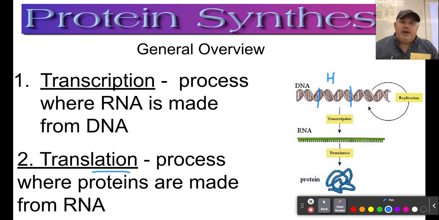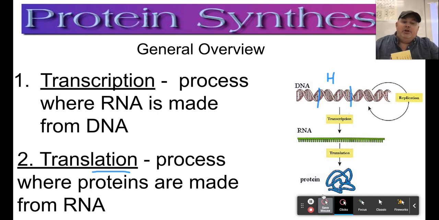He's got long nasal hairs, and you can explain to them why a B is a really good grade. But that's the translation part. So two parts of protein synthesis: transcription, a physical copy, which is in this case messenger RNA, and the second part, translation, which is the physical protein that's going to be eventually manufactured.